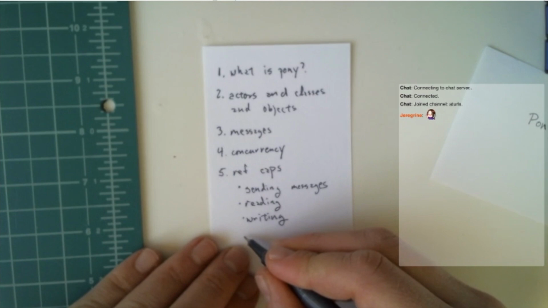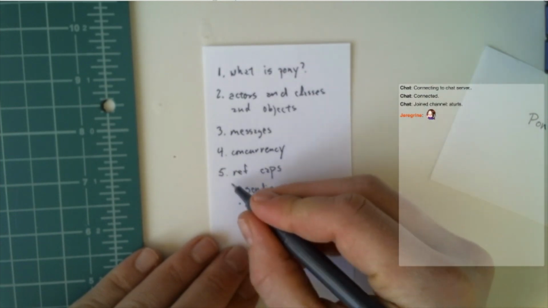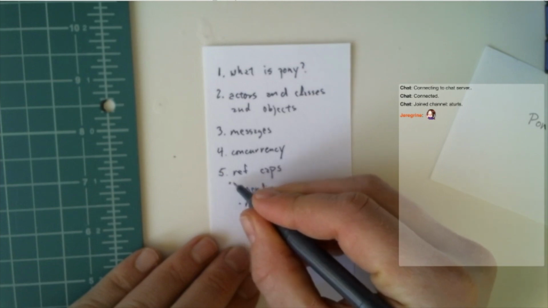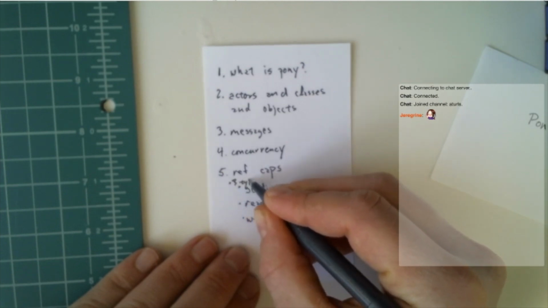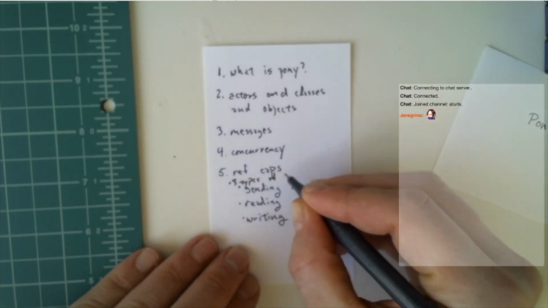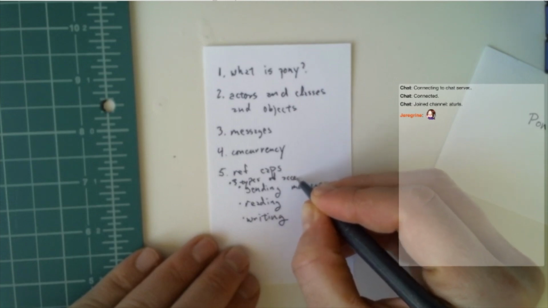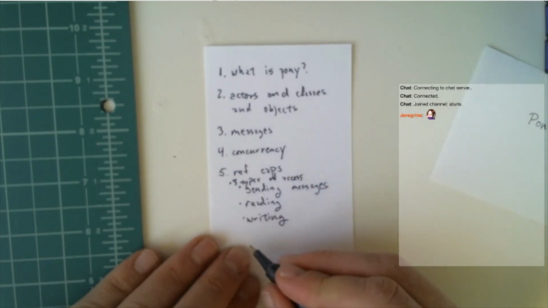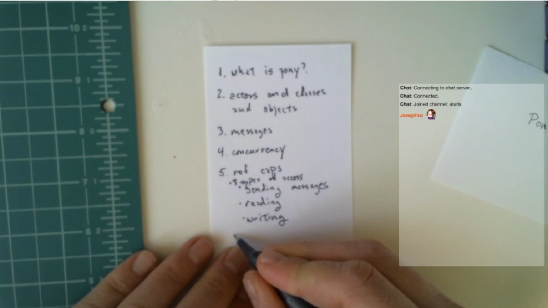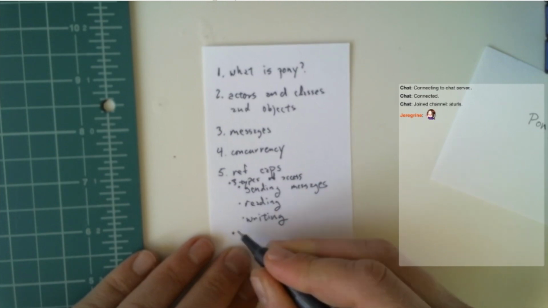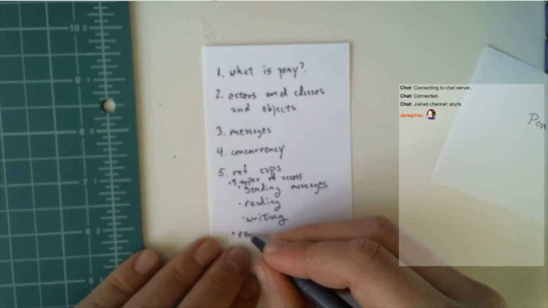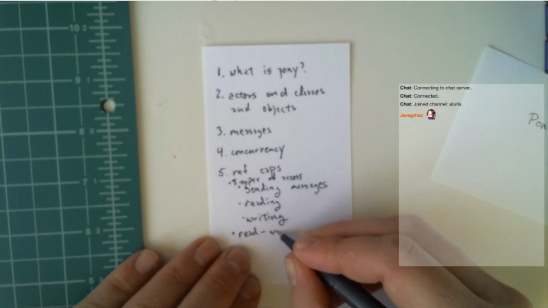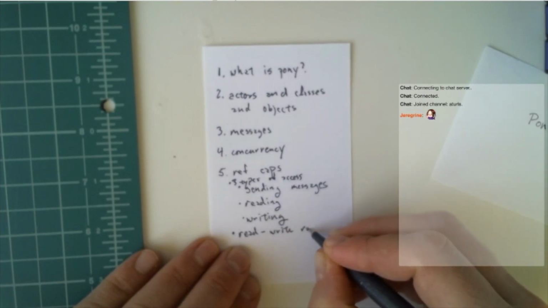So, three types of access. And then from there, talk about the read-write rules.